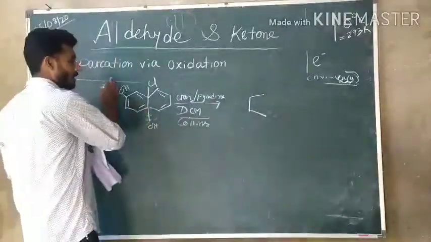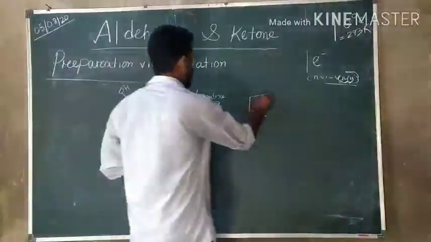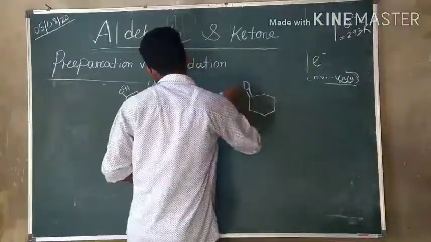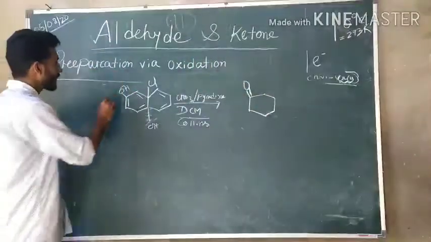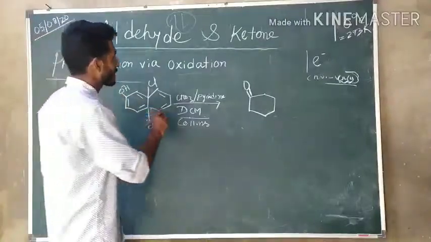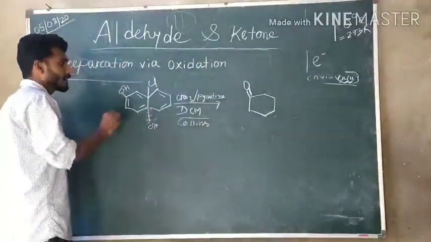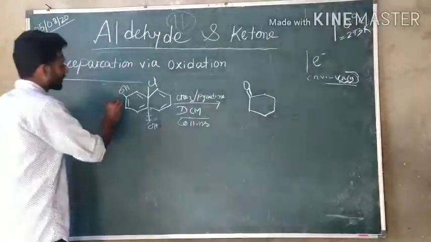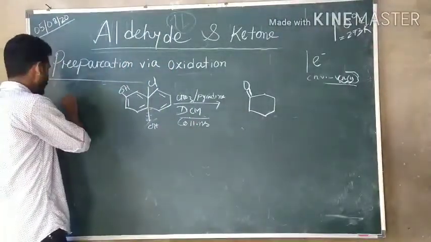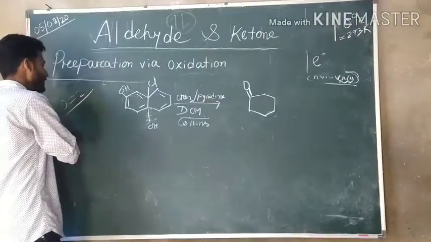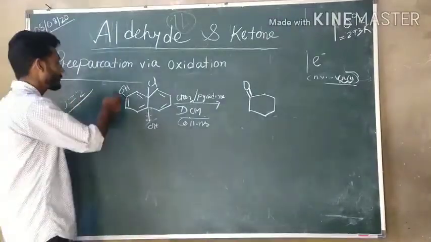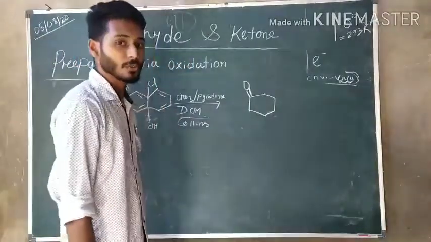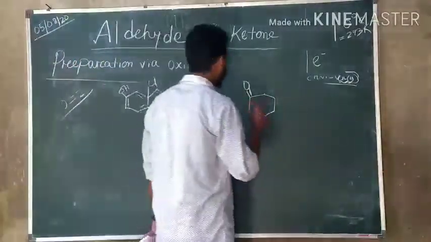Just look at the alcohol and convert it into this oxygen by replacing H, and remember the valency. Oxygen has valency 2. Here hydrogen is being replaced, so we should add another bond to maintain the valency.